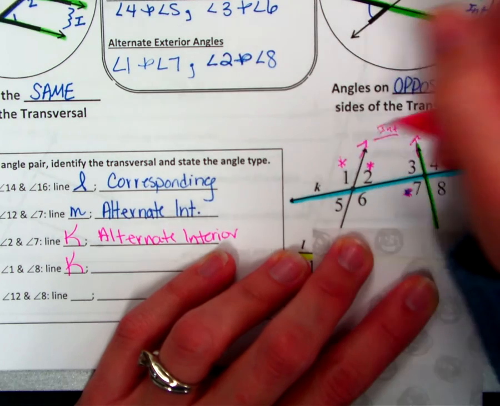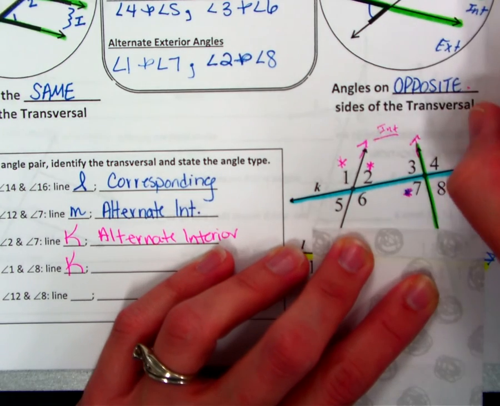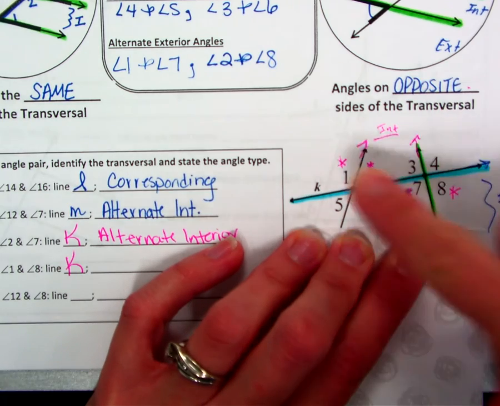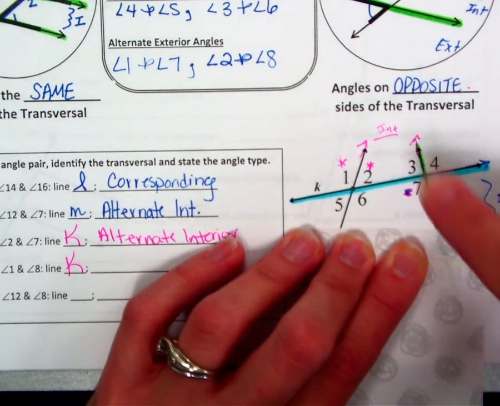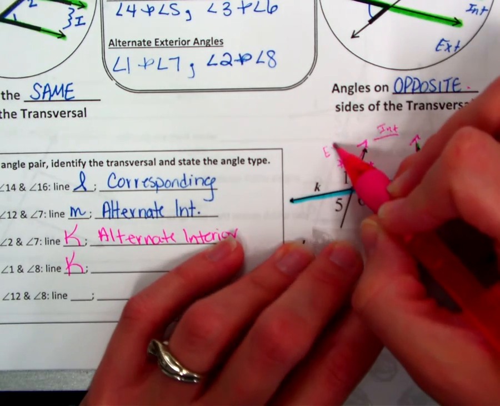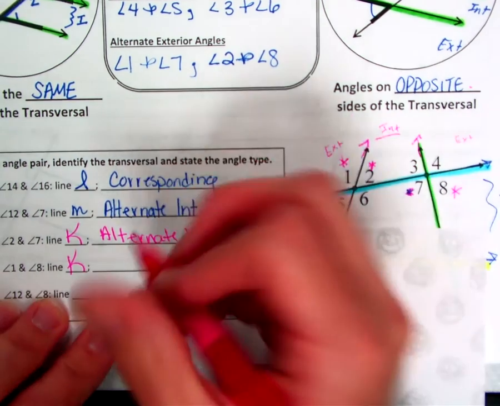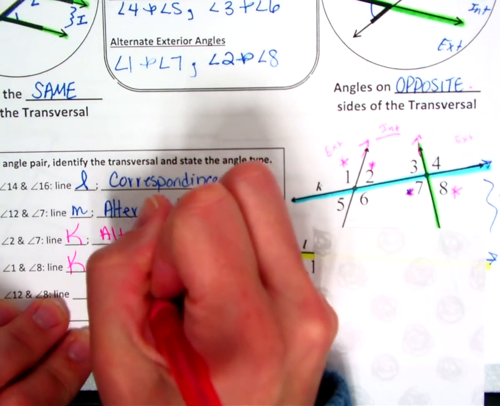They're on opposite sides of the transversal, being the blue line here, and they go all the way across on the exterior and the exterior. So these ones are alternate exterior.